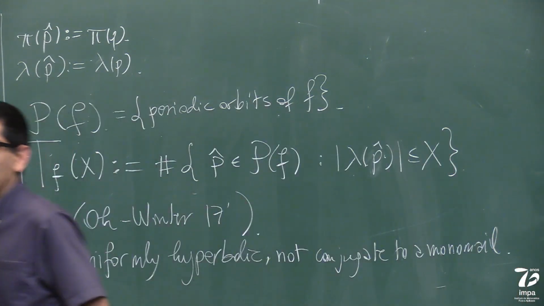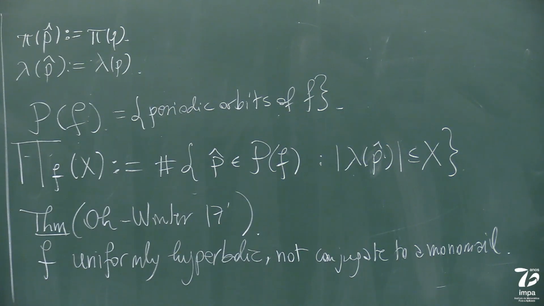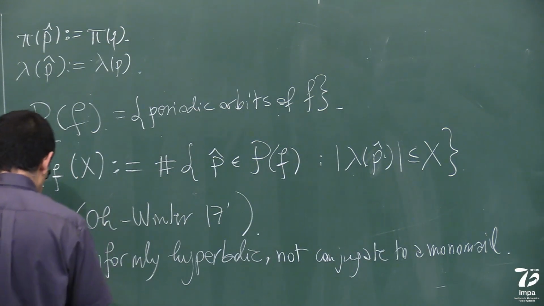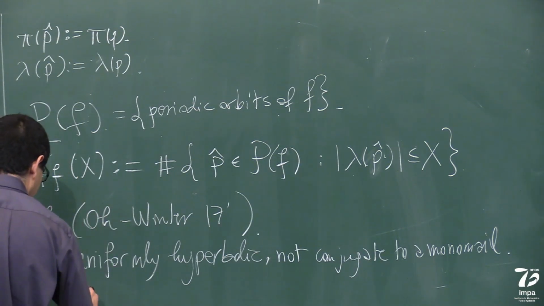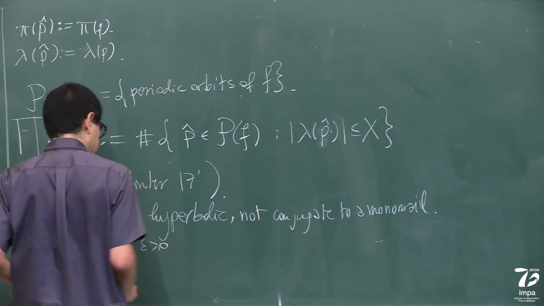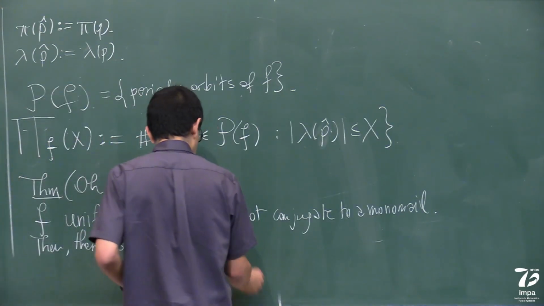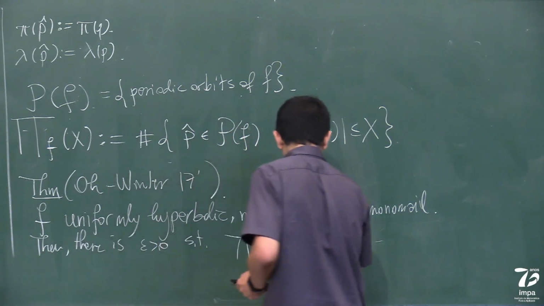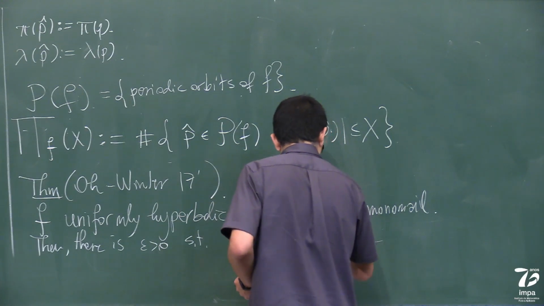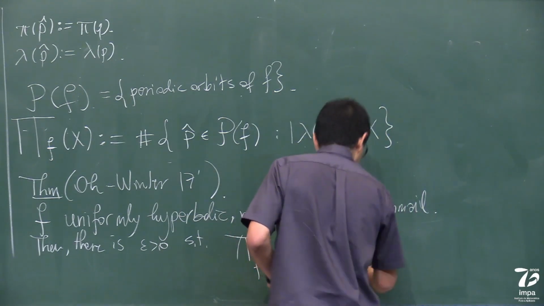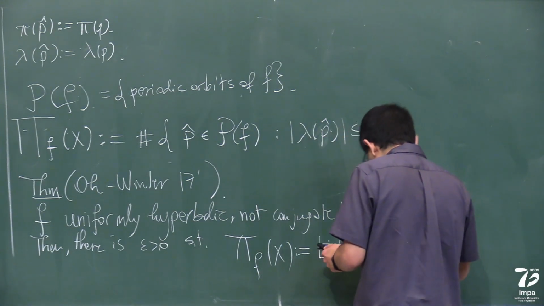Say, in the quadratic family, we don't want to take z squared. And the theorem is that there is an epsilon so that the prime counting function has the asymptotics as in the prime number theorem.